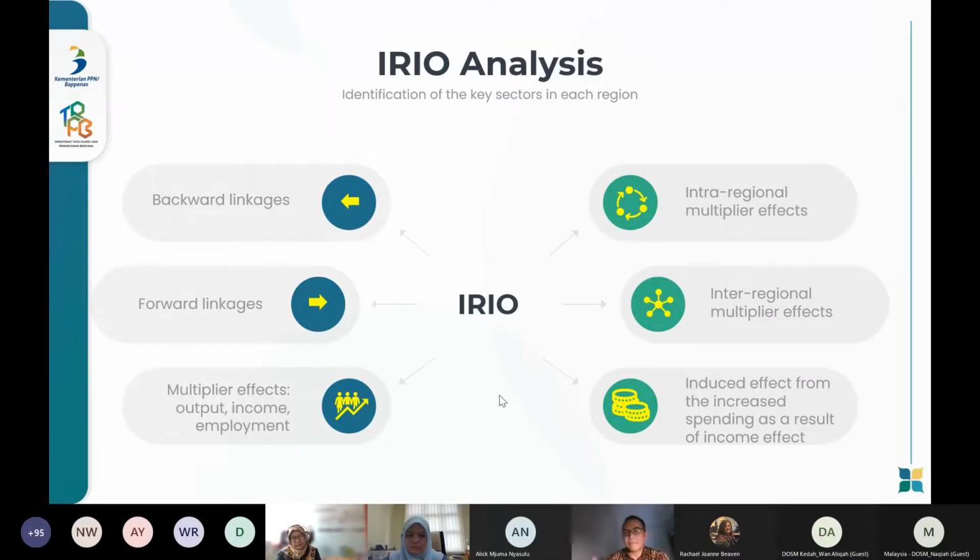We can see if the increase in final demand in one sector is followed by an income effect, and in turn the increased income can induce increased demand, which later on will add to the multiplier effect.